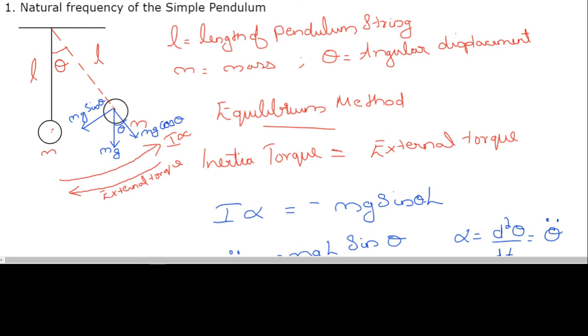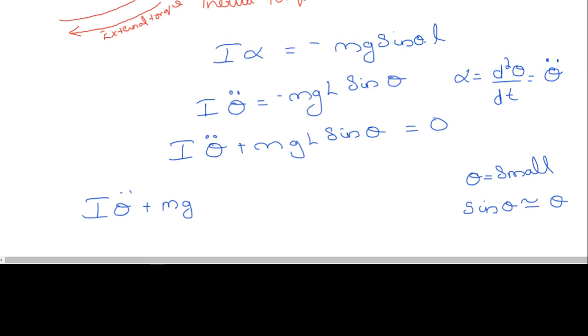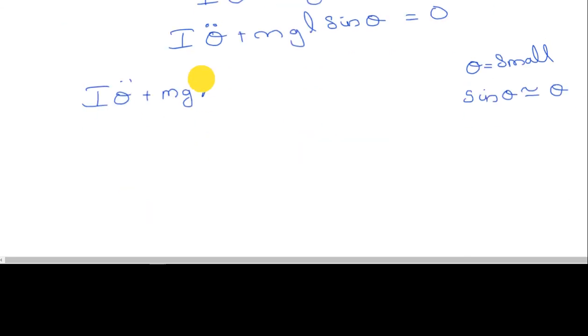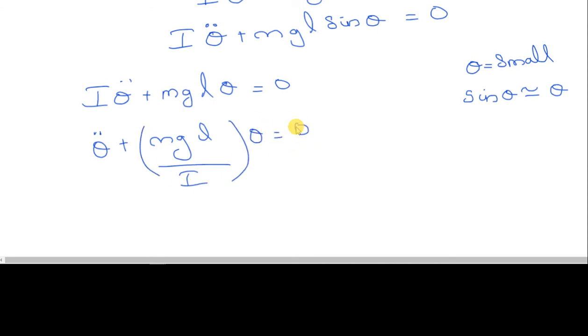We have used a capital L, so I will change that to a lowercase l everywhere to avoid confusion. That is the length of the string. Or we can divide by I and get mgl over I times theta equal to 0.